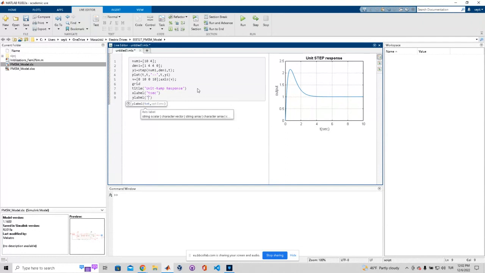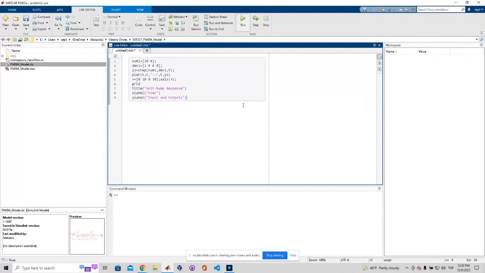This is unit ramp for the inputs and outputs. Oh, we didn't define our T. Let's define our T.